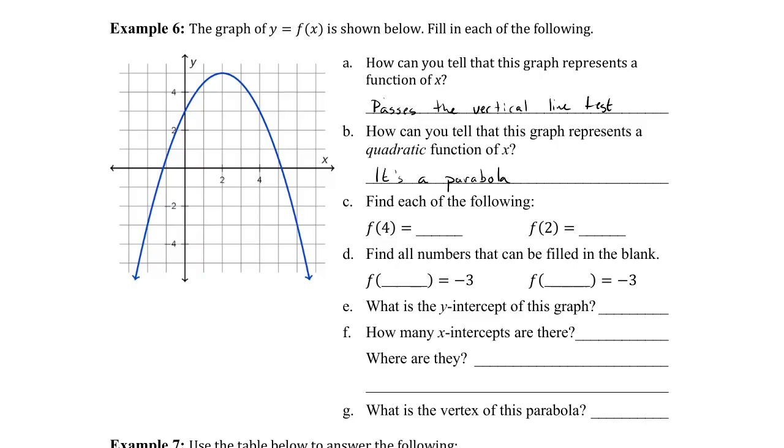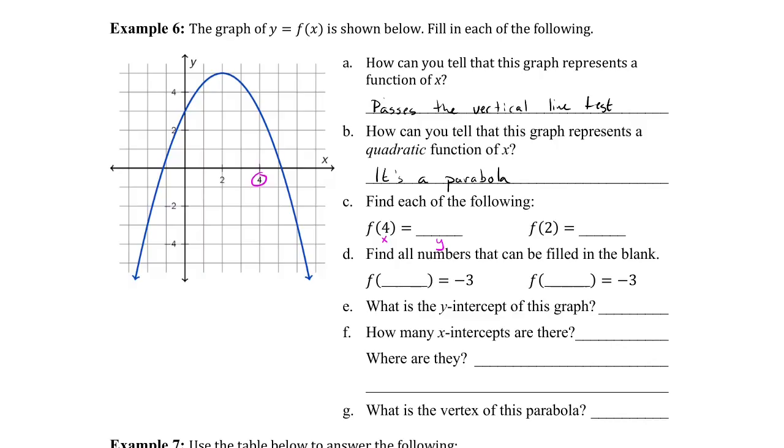And then this is just the graph of a function, so we can use it to answer questions about the function. For example, if we want to find f of 4, we're given the input 4 and asked to find the output. So we want to find the y value for the point on the graph whose x value is 4.